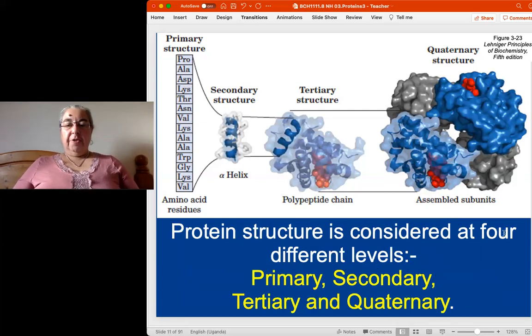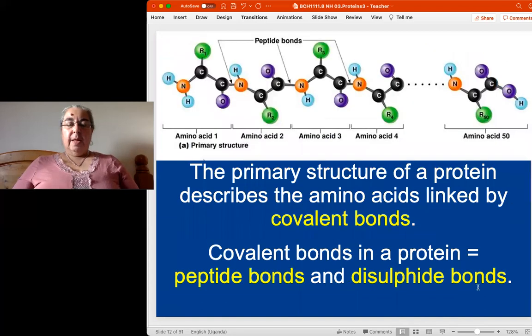So 4 different levels, as I've already said: primary, secondary, tertiary, and quaternary structure. And I'm going to be talking about all of those today, starting with primary structure. The primary structure of a protein describes the way that amino acids are linked by covalent bonds.